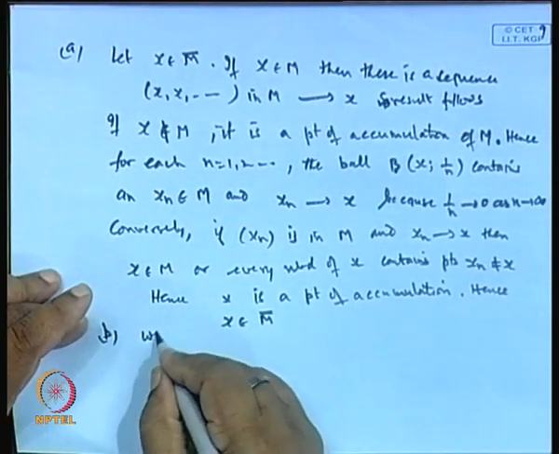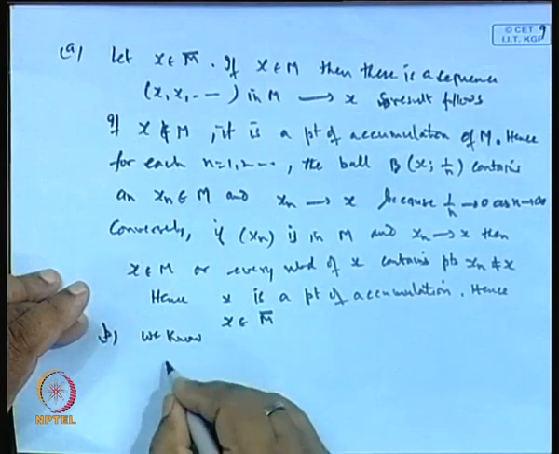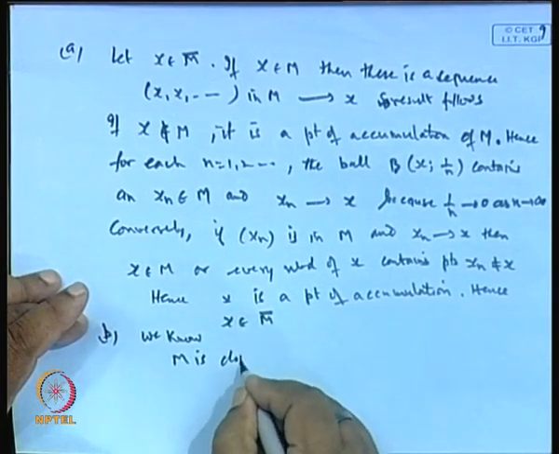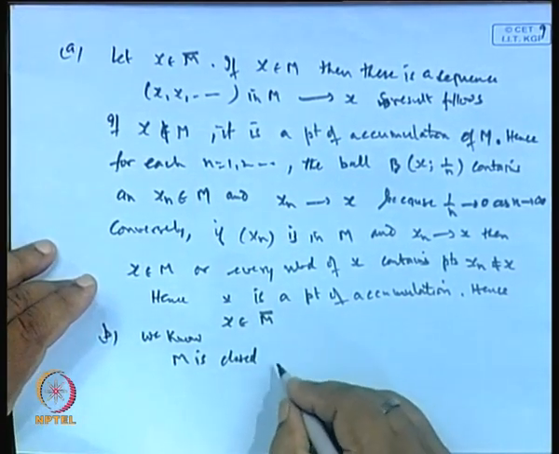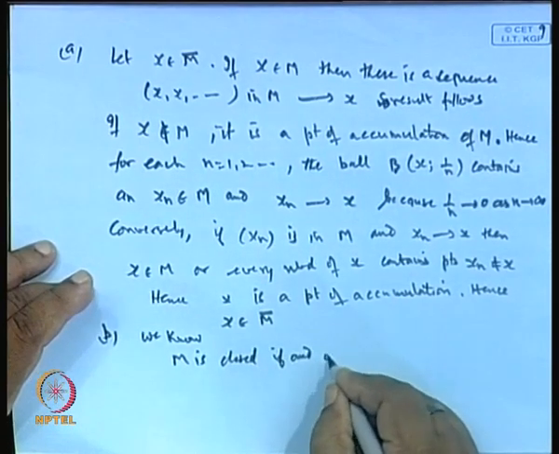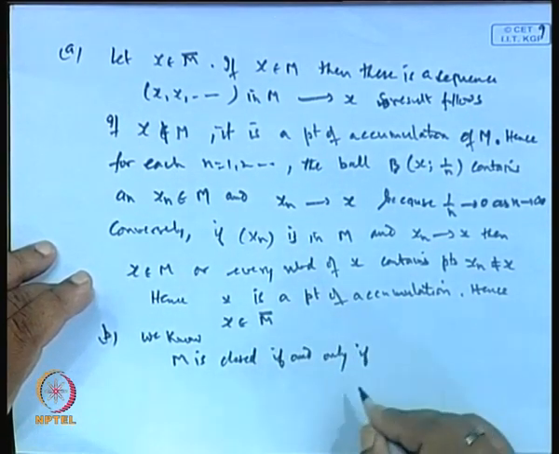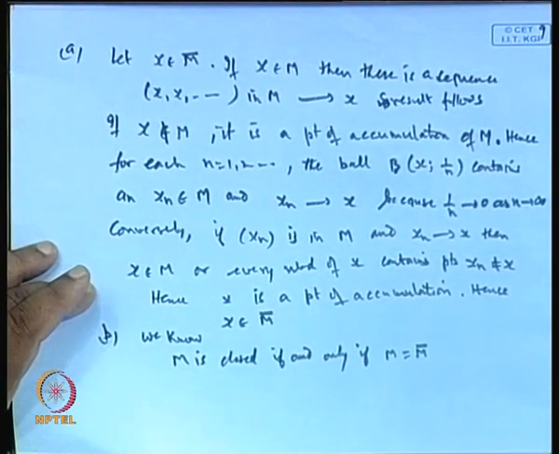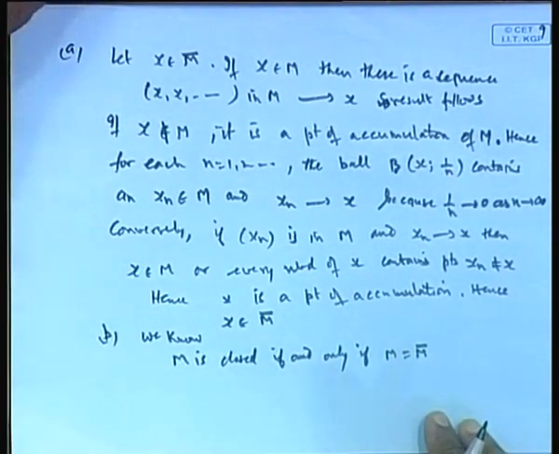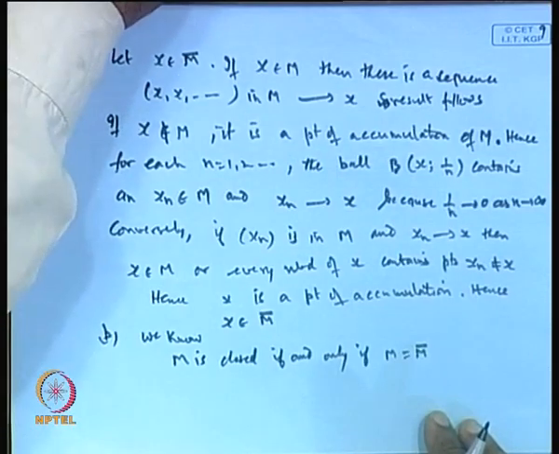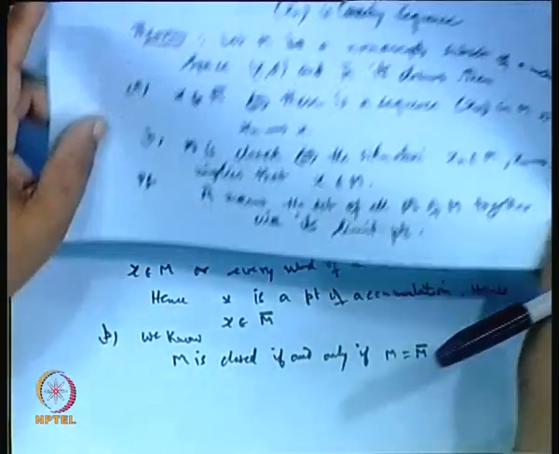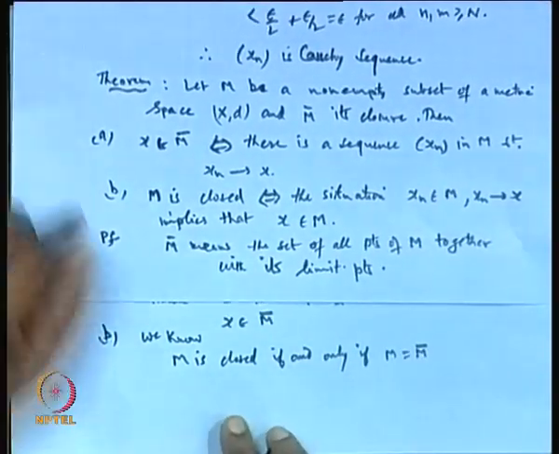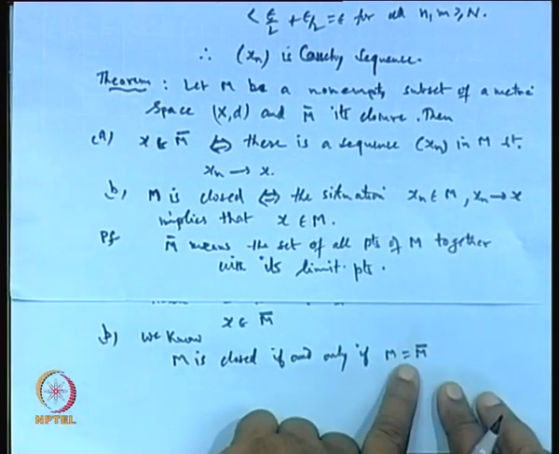We know that M is closed if and only if M is equal to M closure. This we know. Now, if M is equal to M closure, let us see part A. When M is closed, it means M is equal to M closure.